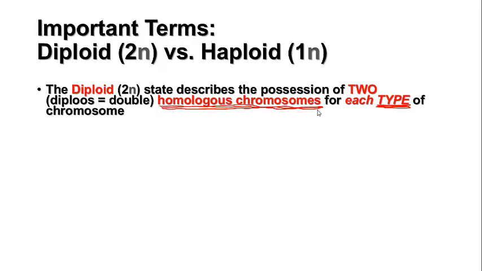All right, and so if you have a pair of homologous chromosomes for each of your total of 23 different types of chromosomes, you are said to be in the diploid or 2N state.